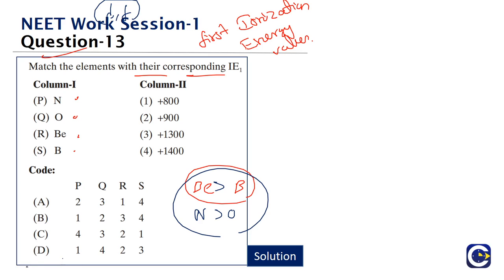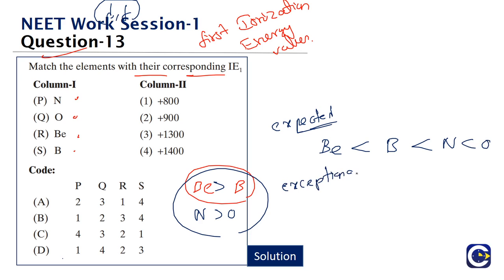The normal expected order is beryllium less than boron less than nitrogen less than oxygen, because we are moving from left to right. But after the exceptional rules, the order we conclude is: beryllium is more than boron, and nitrogen is more than oxygen.